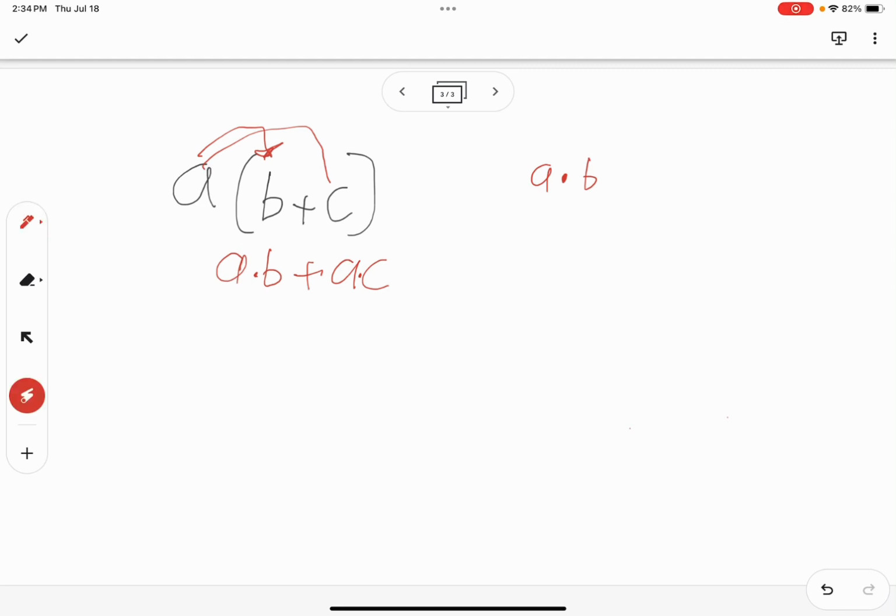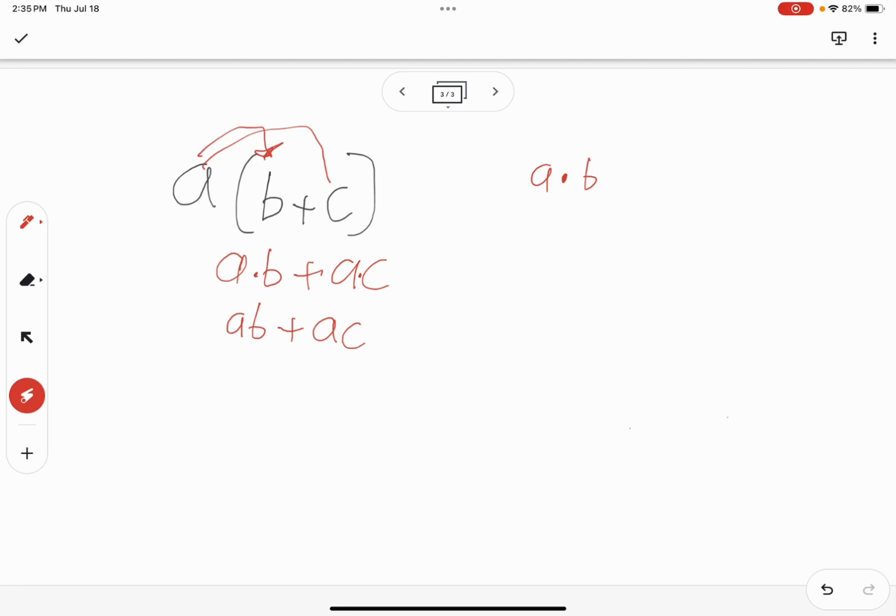So here we've got A times B and A times C. Now again, when we've got two variables next to each other, we don't have to write the multiplication sign, so we can just write it AB plus AC. These both are the same thing. It's just the multiplication sign is invisible.